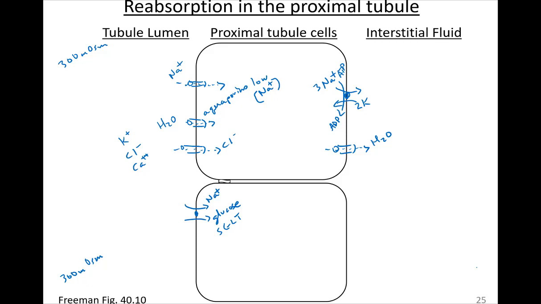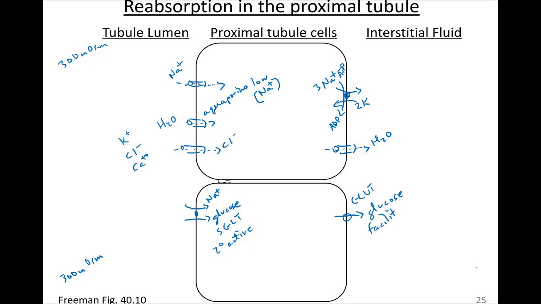Once the glucose is in the cell, it still needs to get out the basolateral membrane, and it does that through another transporter, which is called the GLUT transporter. And this was secondary active transport here because glucose was moving up a concentration gradient from low concentration to relatively high concentration in the cytoplasm. But then moving out across the basolateral membrane, it's facilitated diffusion.